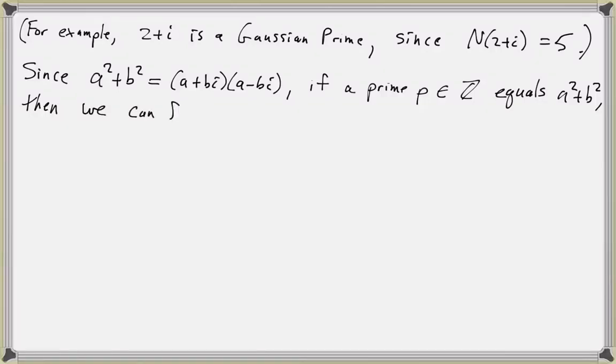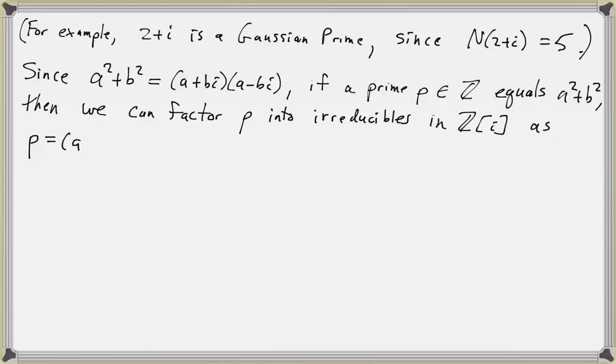And we can factor p into irreducibles in the Gaussian integers, and we could factor p as a plus bi times a minus bi.